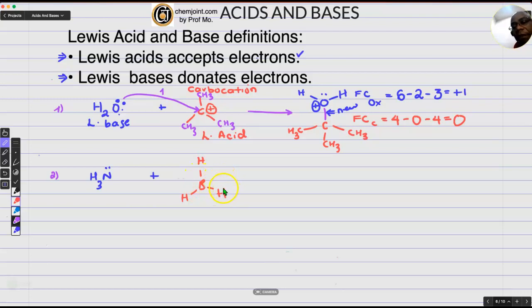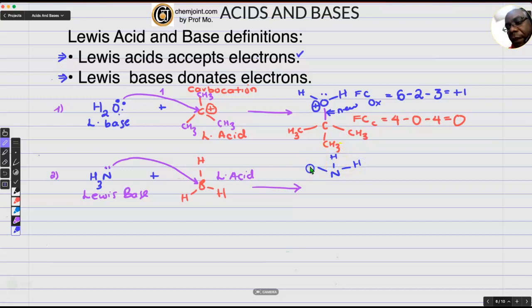If you do the calculations, you'll find that boron in this case has a charge of 0. So since it's a sextet, it can take 2 more to be an octet. So we give it the 2 more electrons starting from the lone pair of nitrogen. So ammonia here is gonna play the role of a Lewis base because it's donating the 2 electrons, and the boron is gonna play the role of a Lewis acid. These are reactants. They are reacting to give, that's what this arrow is saying, a complex.